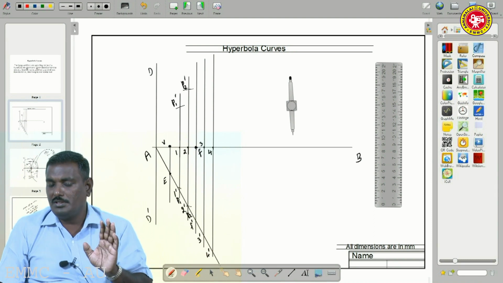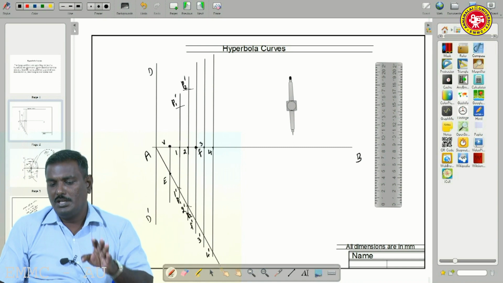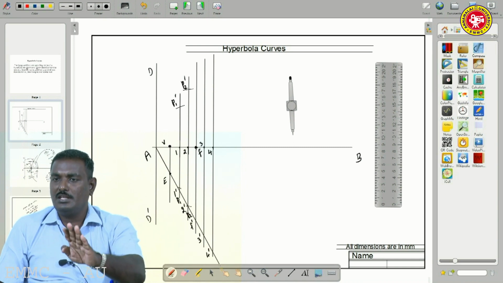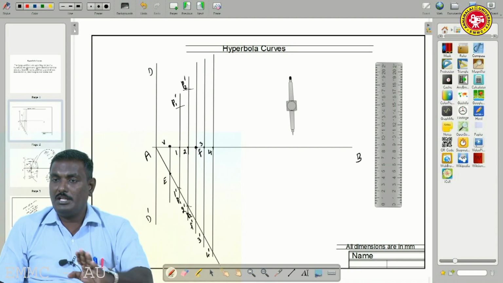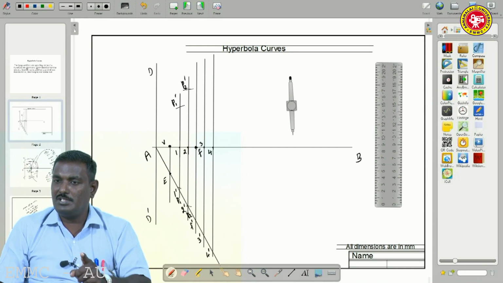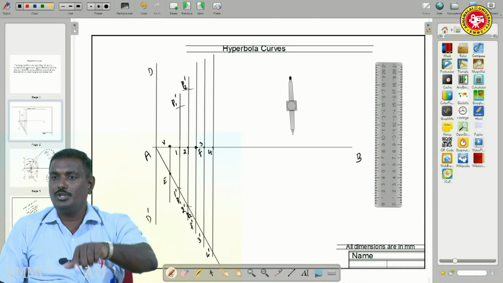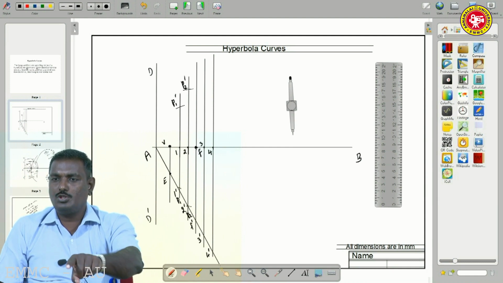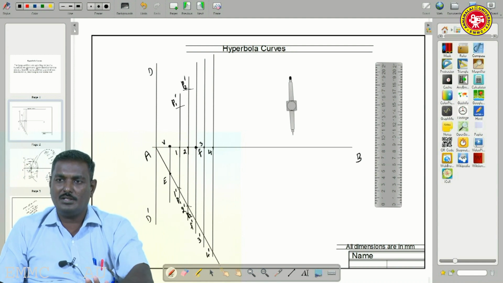Don't think of AE as asymptotes. It's not an asymptote; it is used to construct the hyperbola. An asymptote never touches the curve, so when you see a line touching the hyperbola and think it is an asymptote, remember it is not.